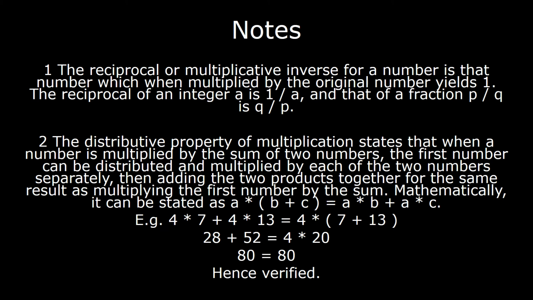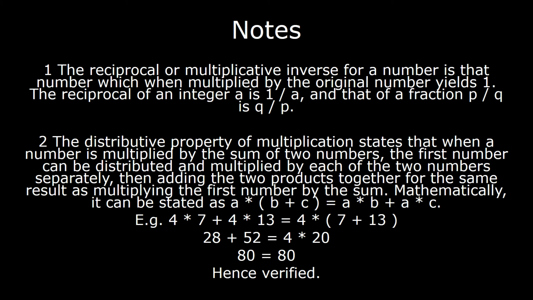That's exactly right. And we can manually verify this logically intuitive result as well. 4 into 7 is 28, 4 into 13 is 52, and 28 plus 52 is 80. Now, 4 into 20, which is what we simplified this to, is also 80.